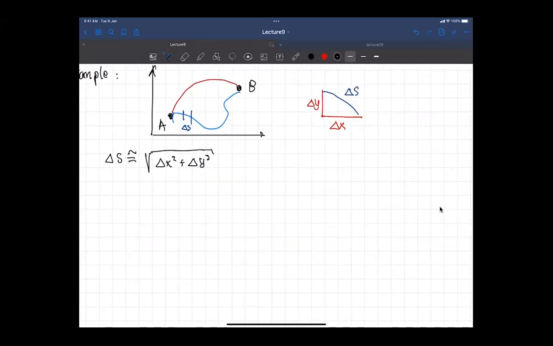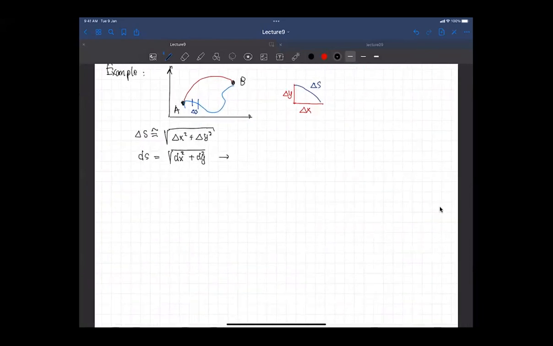Based on this, we have ds squared equals dx squared plus dy squared. Let me see.